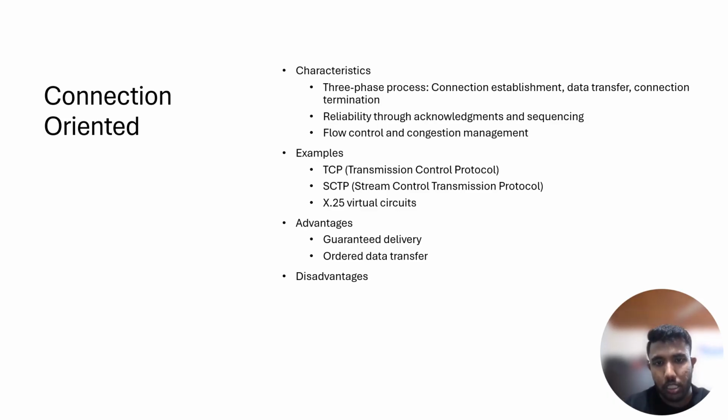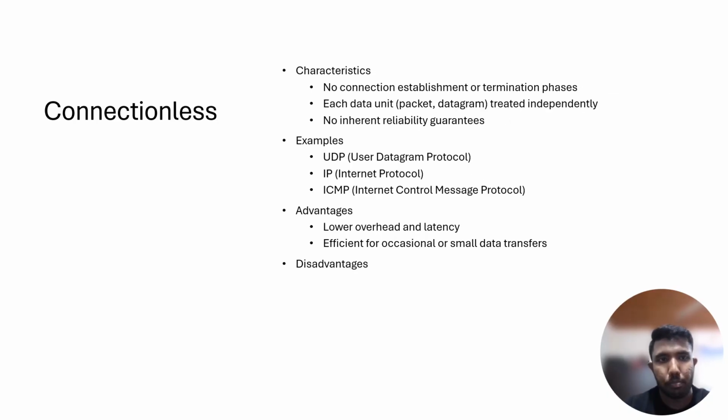Examples include transmission control protocol, stream control transmission protocol, and virtual circuits. Advantages are guaranteed delivery and ordered data transfer, while disadvantages include higher overhead and increased latency. We'll move on to the next slide.